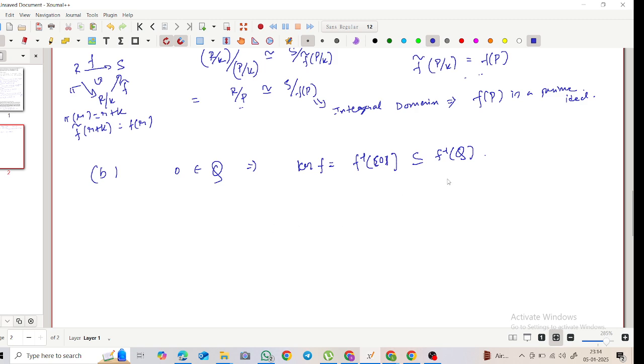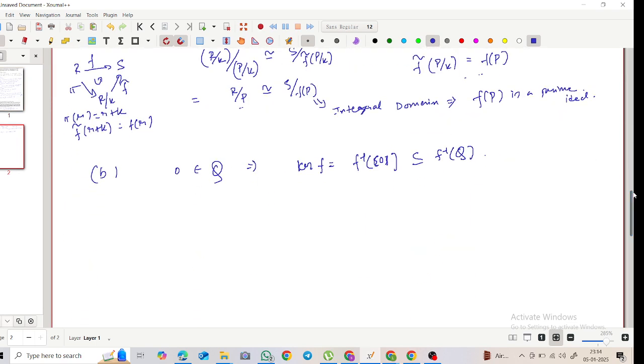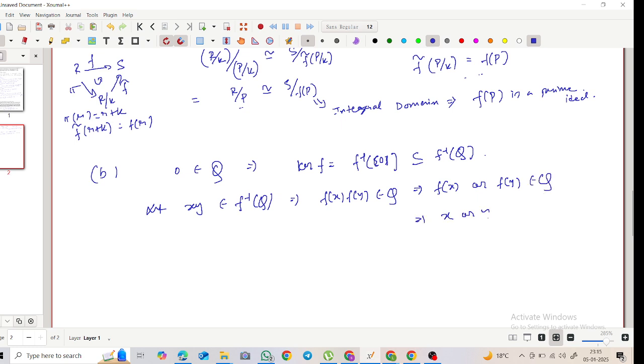Okay. And for the primeness, you can just do this. Let xy belong to f inverse Q. Okay.